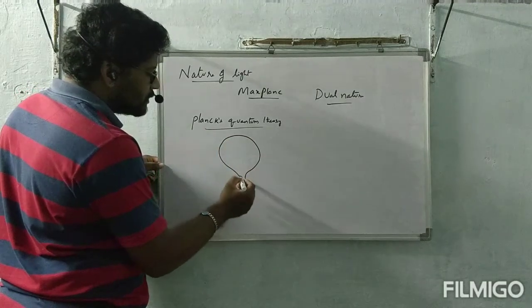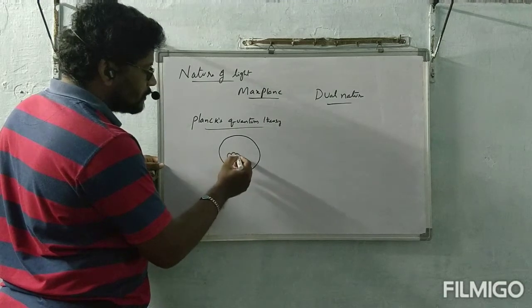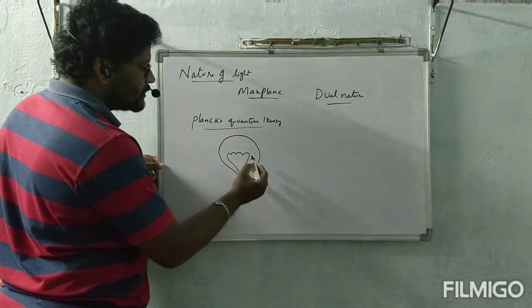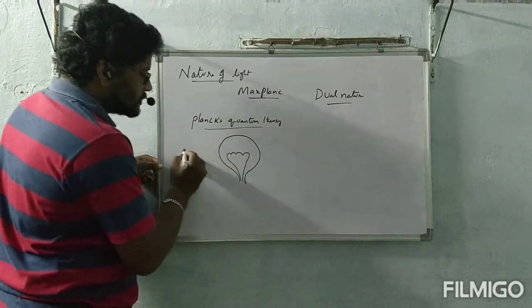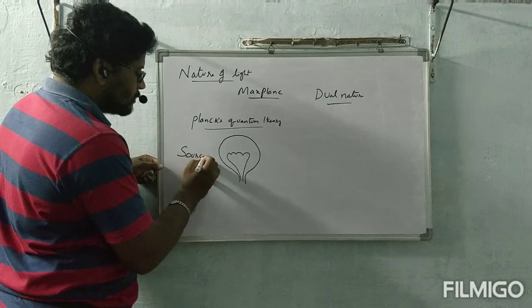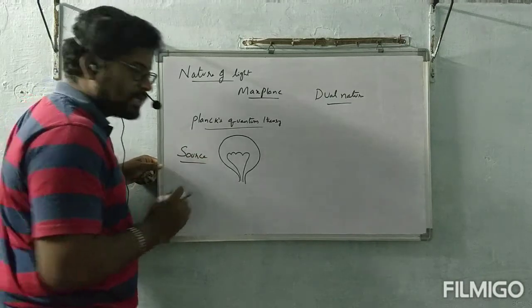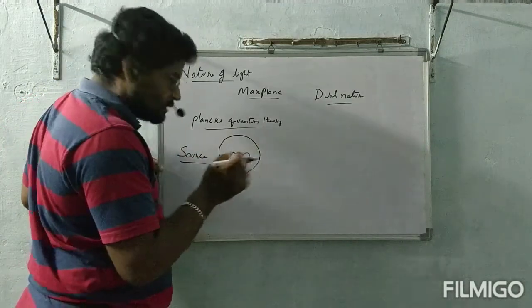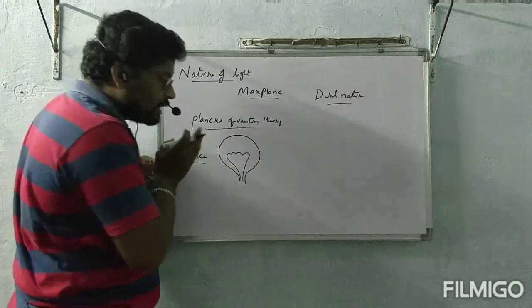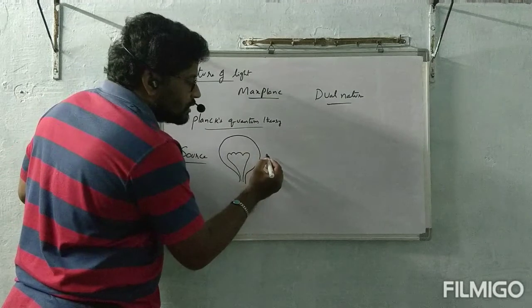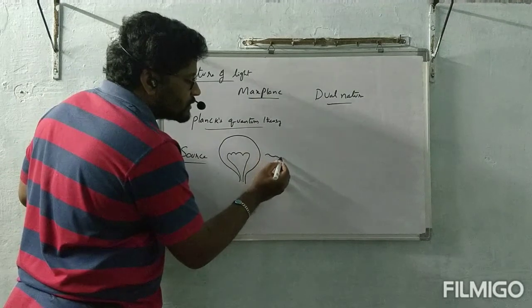This is the bulb which gives out light. In this, this is the source. From this source, light will come out. Max Planck explained that light will come out in the form of a group of waves.